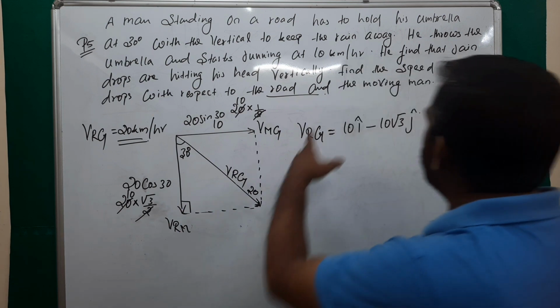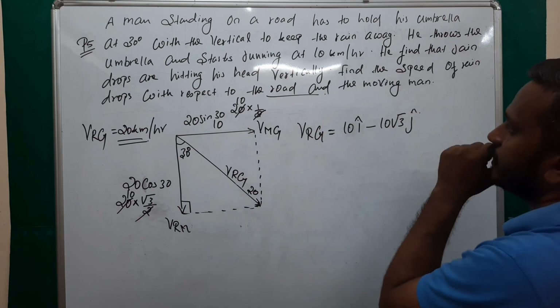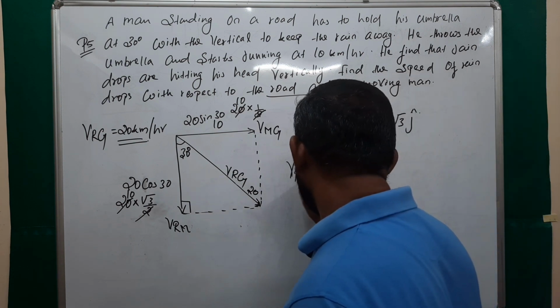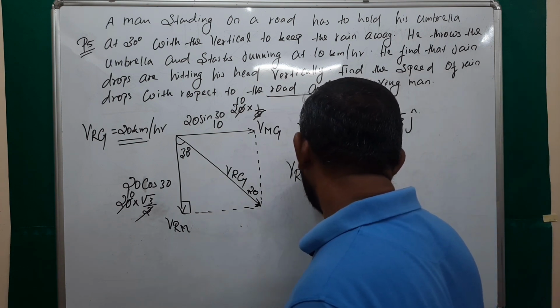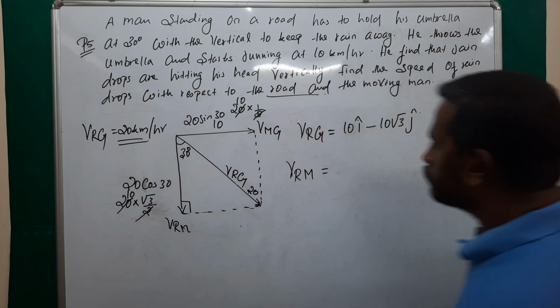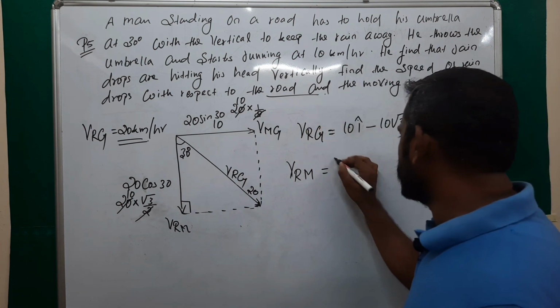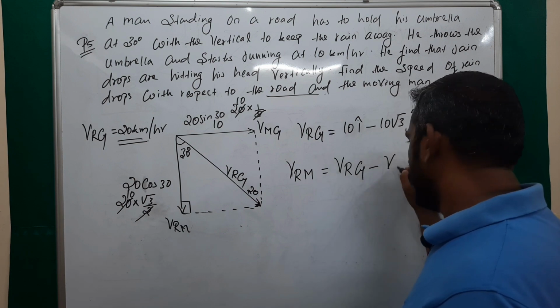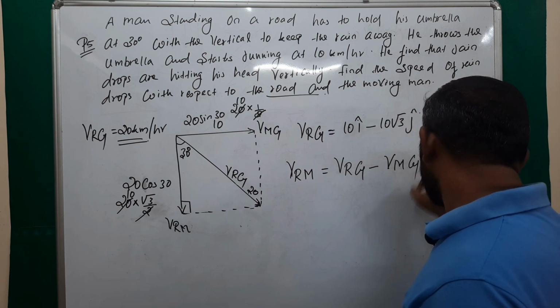Now we have to find the velocity of the rain with respect to the moving man. Velocity of the rain with respect to the man is equal to velocity of the rain with respect to ground minus velocity of the man with respect to the ground.